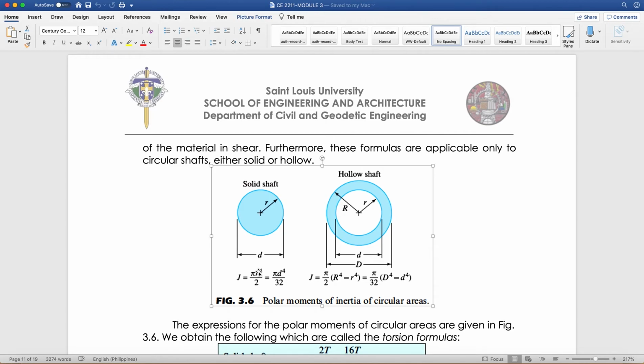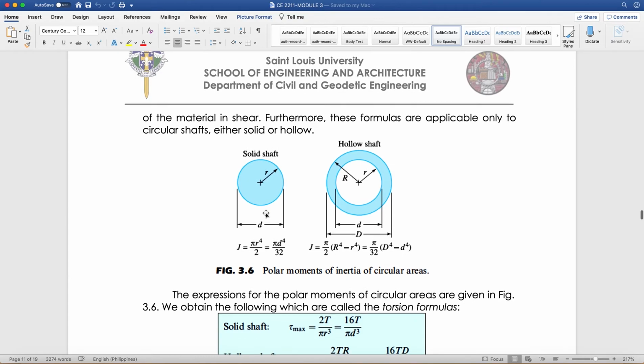Okay, but if not, then this is the formula. So, polar moment of inertia is used to describe the resistance to torsional deformation. Okay? Ito yung nagde-describe ng resistance ng material sa deformation due to torsion. Okay?